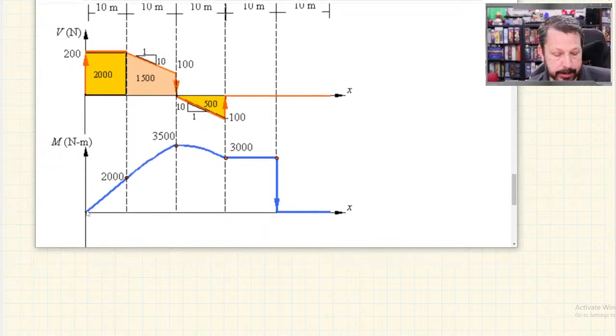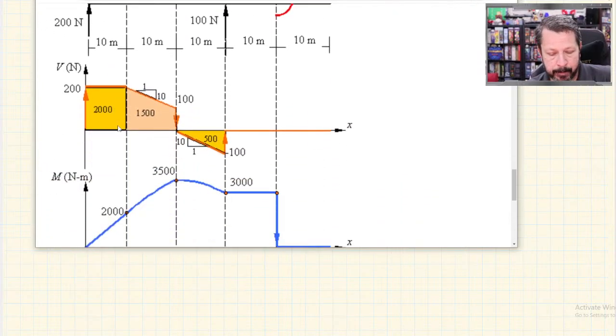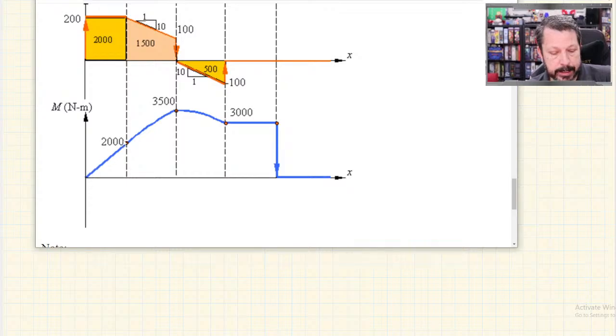This total change from where I was, which was 0 when I started, up to the dotted line here, which signifies the end of this region, which also corresponds with the beginning of the distributed load, that total change is 2000. The total change is equal to the area under the curve.